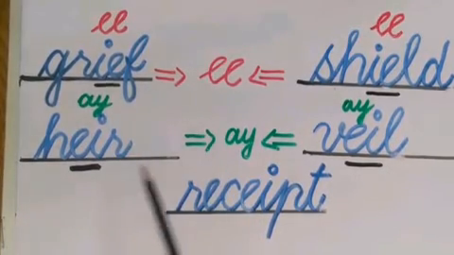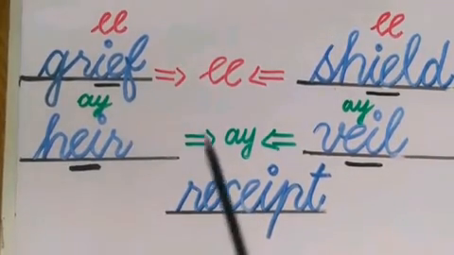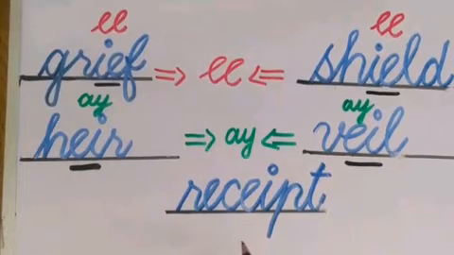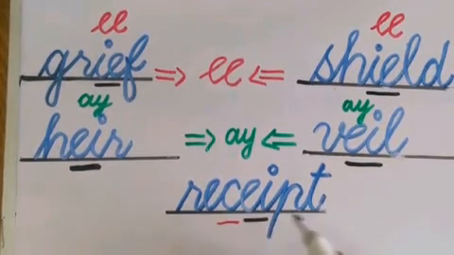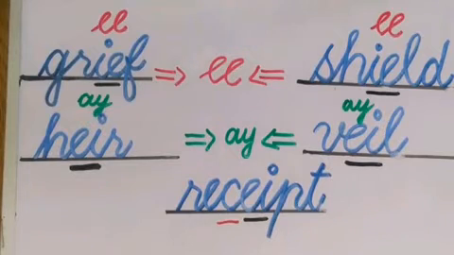If we followed this rule, the A sound should have come here, but it is giving us the sound of E. So here is the exception: whenever we have C before EI, it will sound like E. Okay, this is an exceptional case, so that's why we see it in receipt. Is that clear? So let's have a look at the rule.